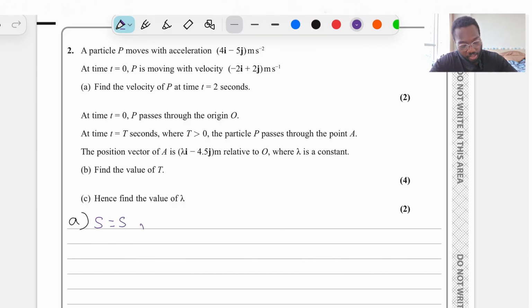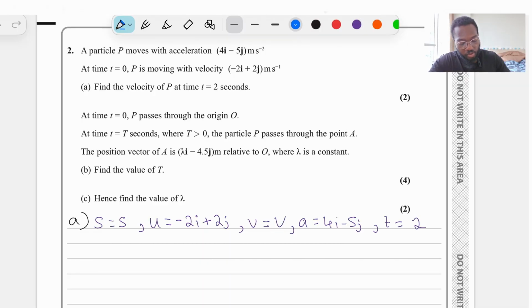Our u value, our initial velocity, they tell us at time t equals 0 it's moving with that velocity of minus 2i plus 2j. v, that's what we want to work out, so that can stay as v. We know a is 4i minus 5j, and we want to find the velocity at 2 seconds, so therefore t is 2.